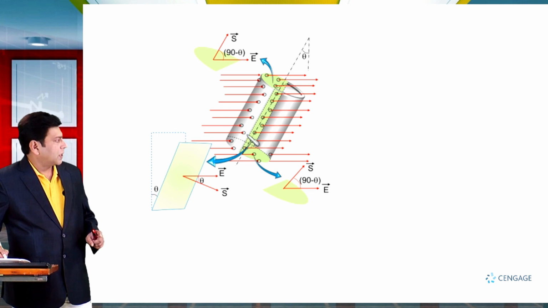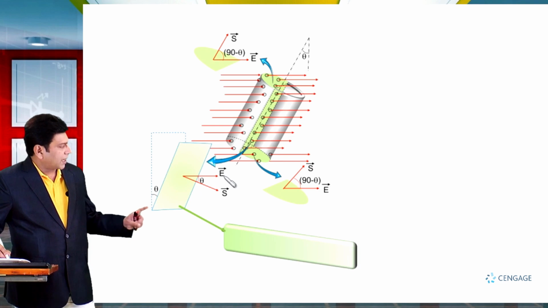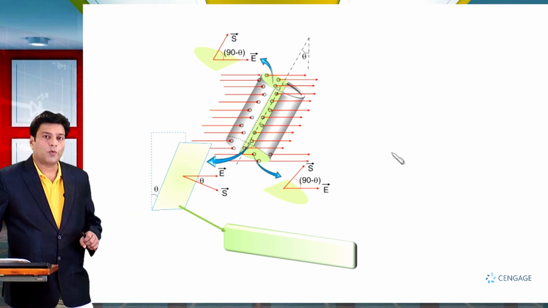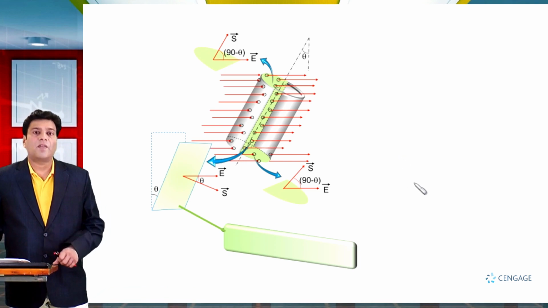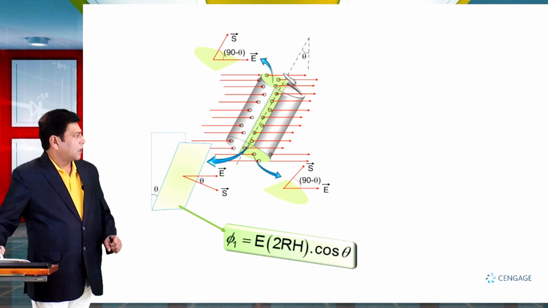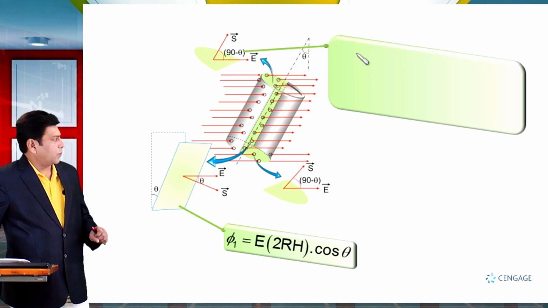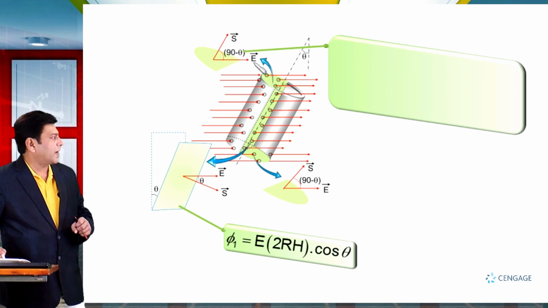The first calculation is the flux through this surface. You know, this electric field is E and this area is H multiplied by 2R. Let us define this flux as phi 1, and phi 1 equals E multiplied by 2RH cos theta. Now, for the top surface, call this flux phi 2, and phi 2 should be equal to E multiplied by S, and S is the area of the semicircle, that should be equal to pi r square divided by 2.